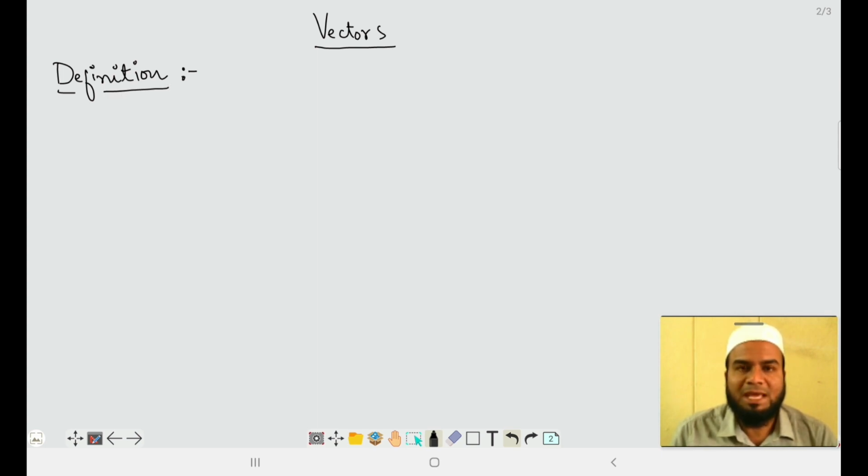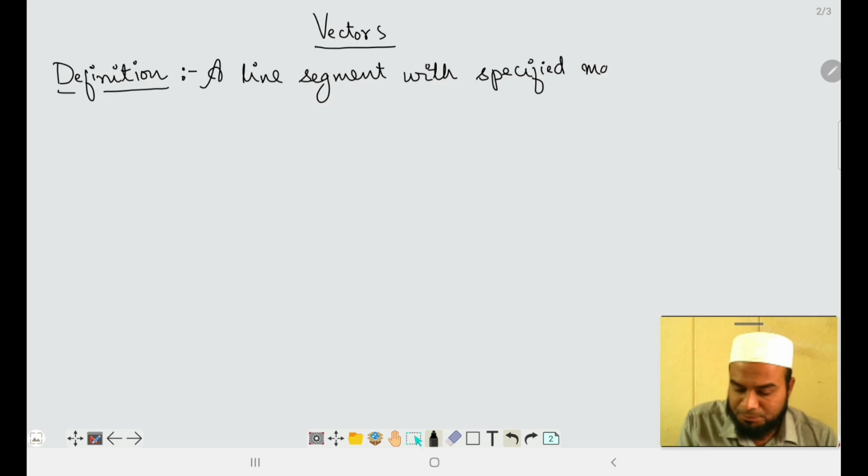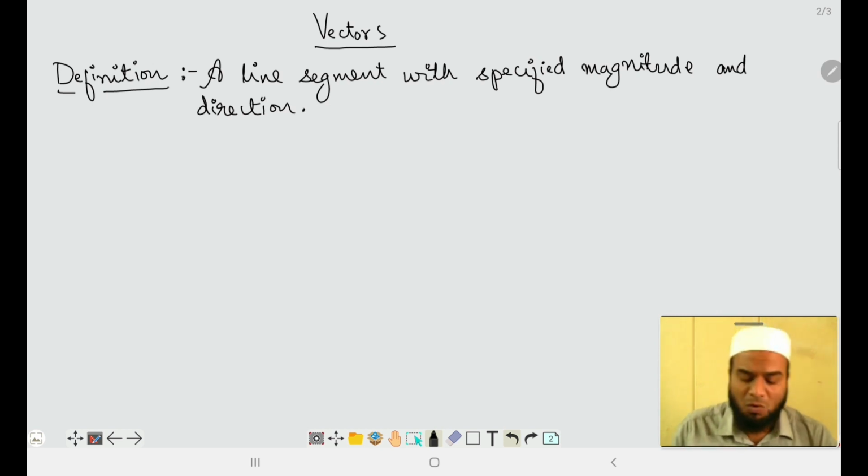It is defined to be a line segment which has both magnitude as well as direction. That is, a line segment with specified magnitude and direction. This is the formal definition of a vector. What is the meaning of this?